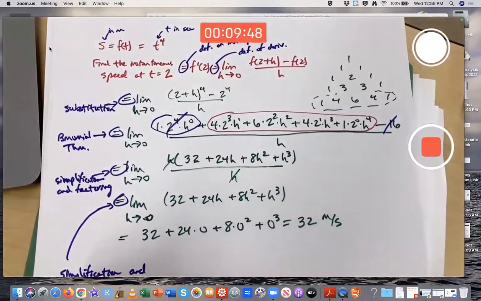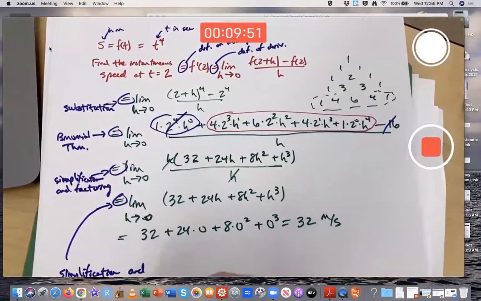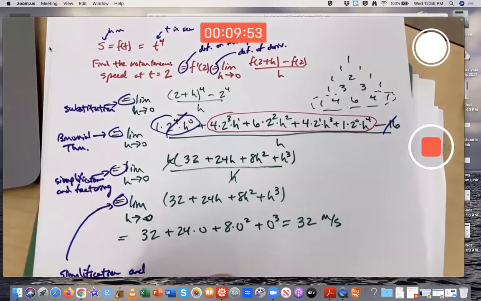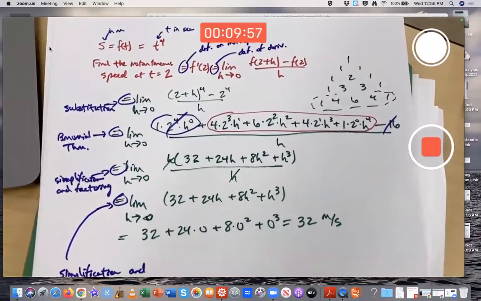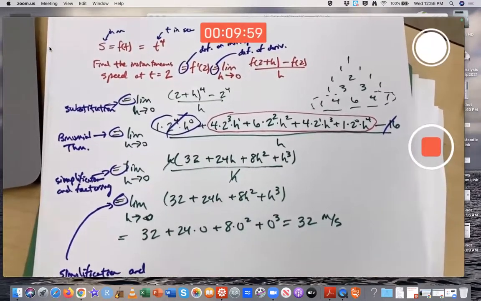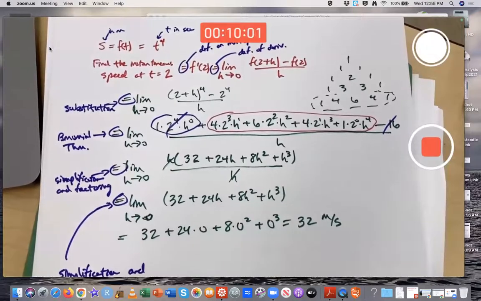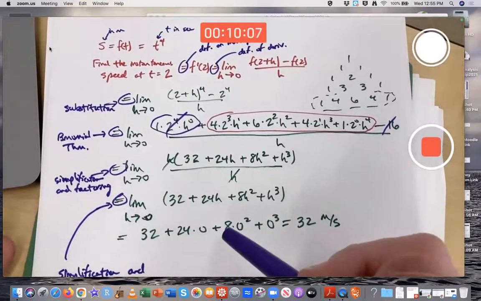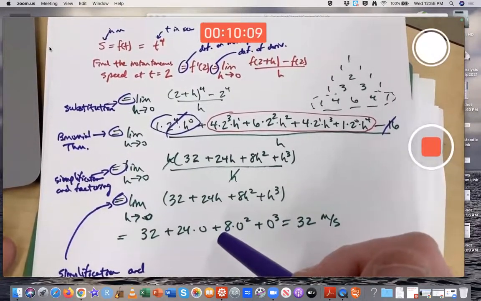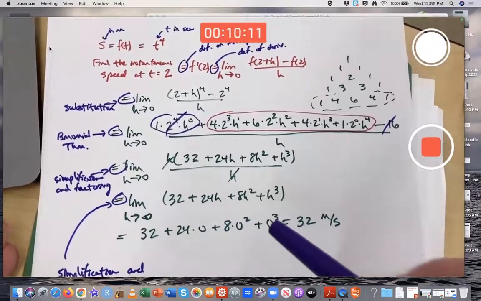Definition of a limit, which I haven't actually written down because it's kind of complicated. In effect, you can describe it this way. The value of the limit of the function, assuming the limit exists, does not depend on the actual behavior of the function, in this case, at h equals 0.